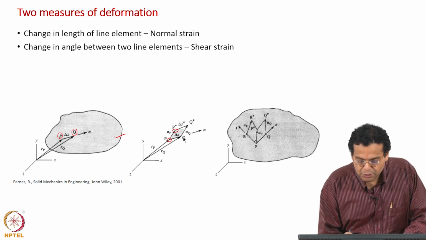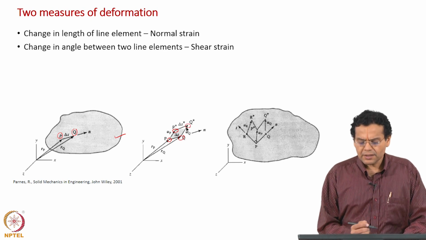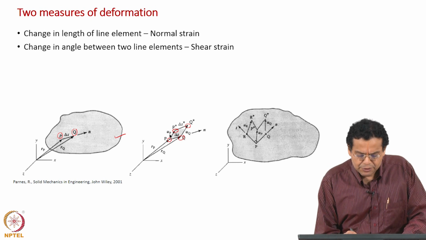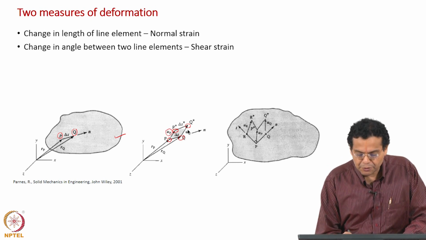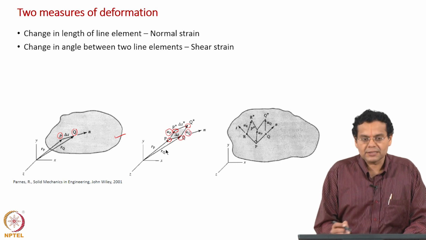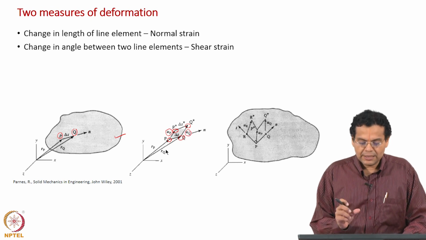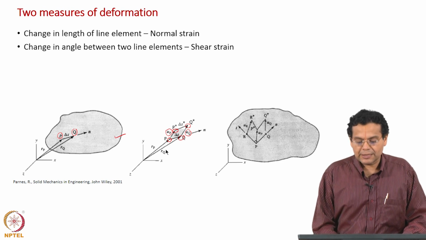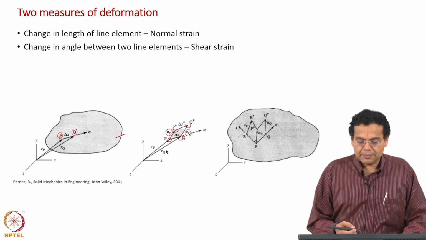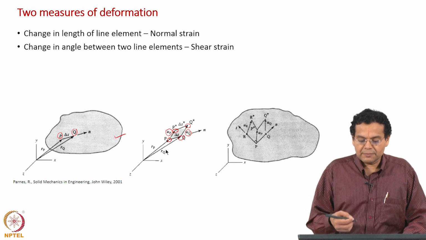Q was here and Q has moved to Q star. U P represents the displacement of point P, and U Q represents the displacement of Q, which we will discuss later. Now, focus on the line PQ, which has become the line P star Q star, and the length has changed from delta S to delta S star.